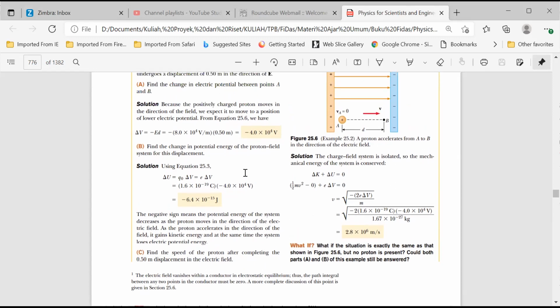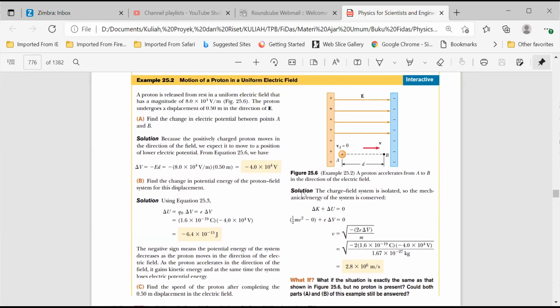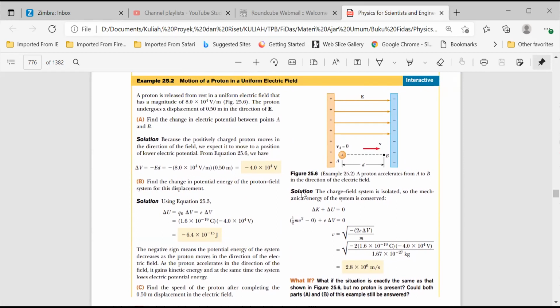Because the electric field is constant, and the electrostatic force is a conservative force, we have delta K plus delta U equals 0. From the statement of the problem, the proton is released, so its initial speed should be 0, at rest.